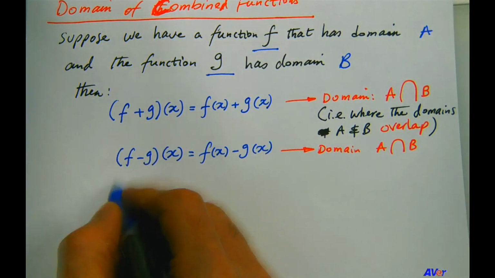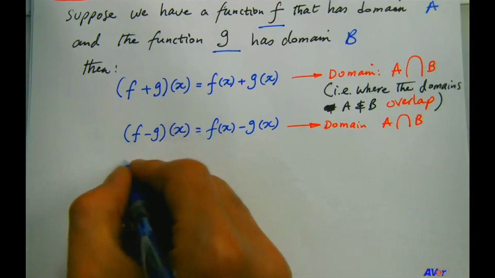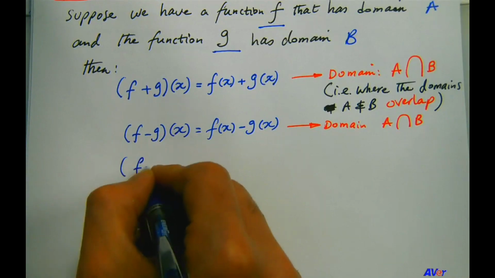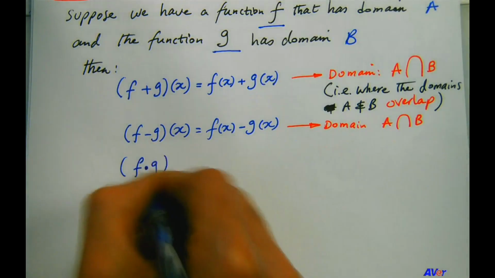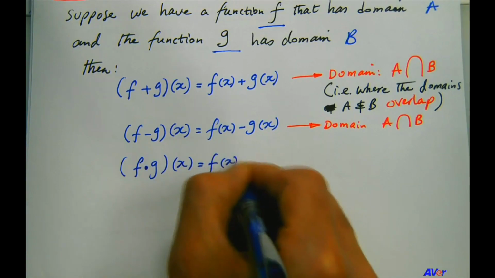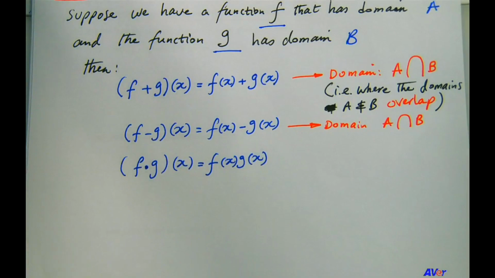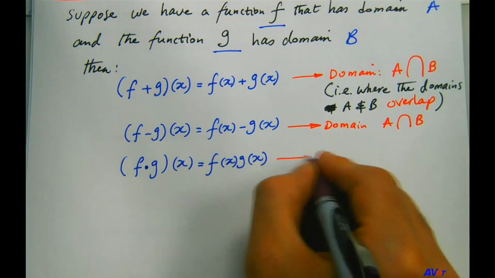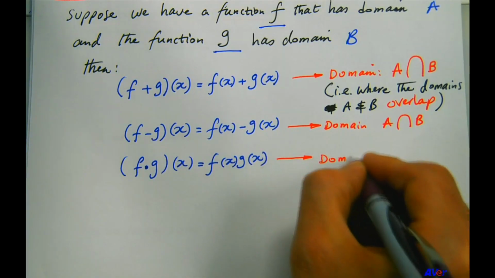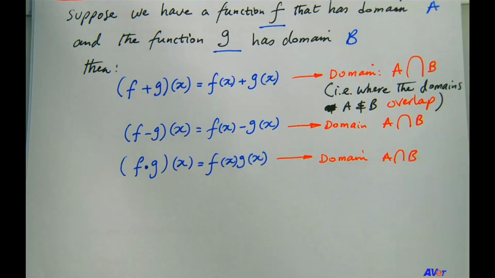We covered addition and subtraction. Then when we multiply the functions, f times g, the domain is the intersection of the domains.